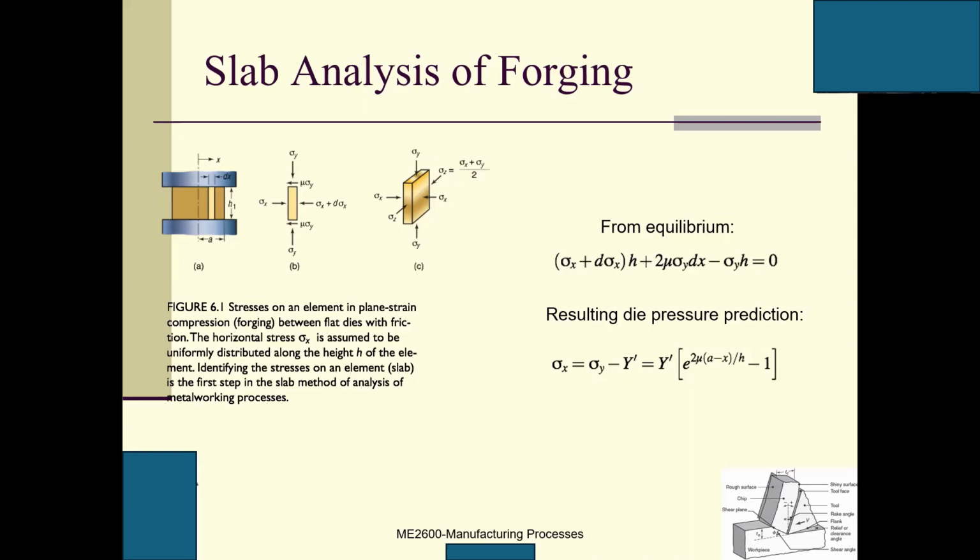Sigma x plus d sigma x multiplied by h. H is the height. The stress multiplied by area equals force, right? Do you agree? We only have the force balance equation. We do not have a stress balance equation, so be very, very careful.